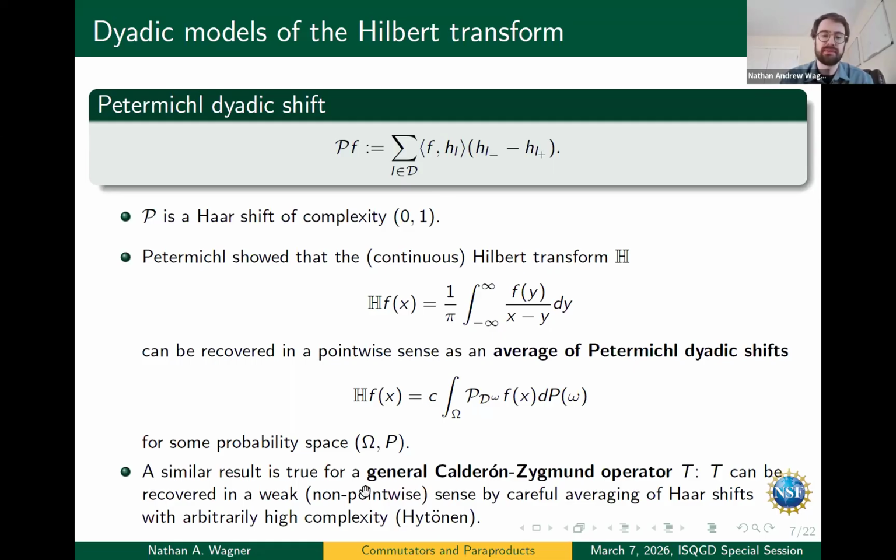And there's also a similar result that's true for a more general Calderón-Zygmund operator, and this was proved in an Annals paper by Hytönen back in, I think, 2012 or somewhere around there. So the takeaway here is that the Haar shifts are good dyadic models for Calderón-Zygmund operators, and that's why we want to study them.